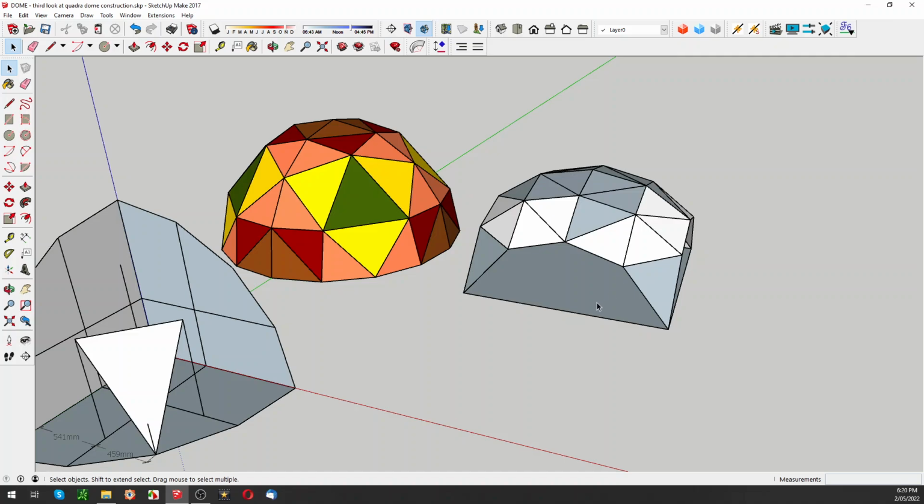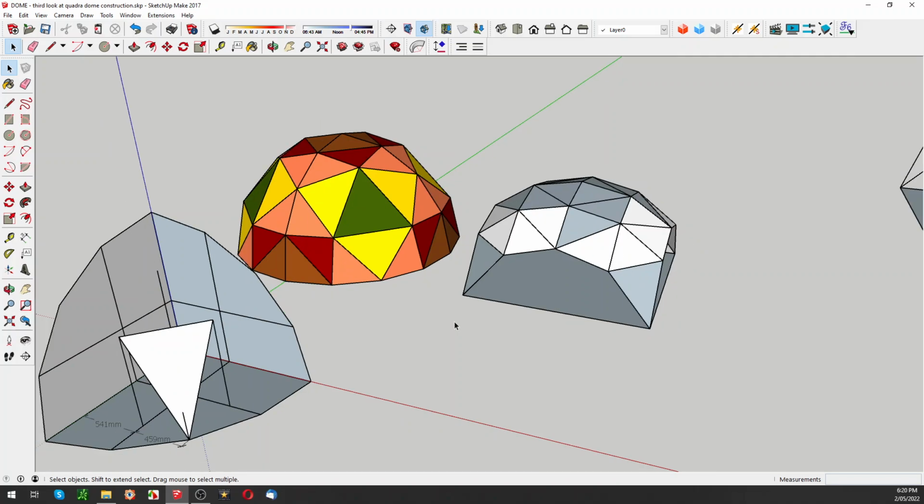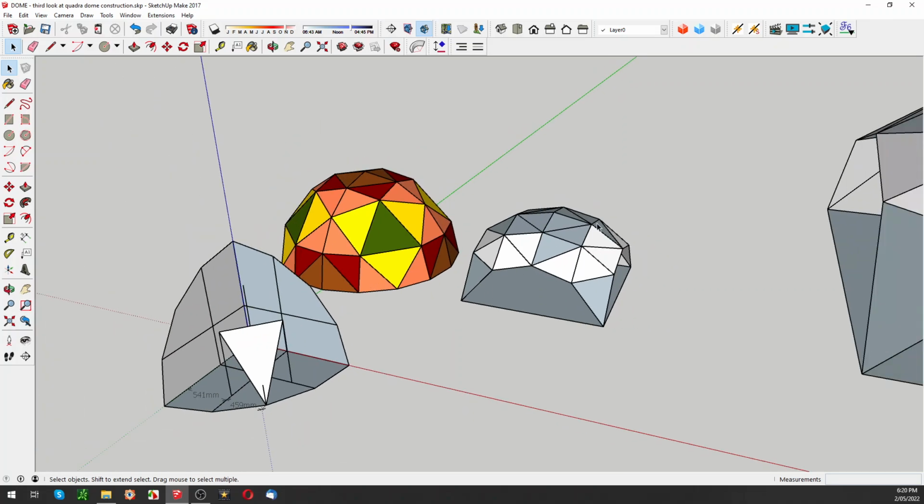Eventually I will do a video that has all three shown one after the other, and then I'll allow whoever is watching these videos to draw their own decision on which version they want. Just because I want this may not be what another person wants, and that was why I created this dome.